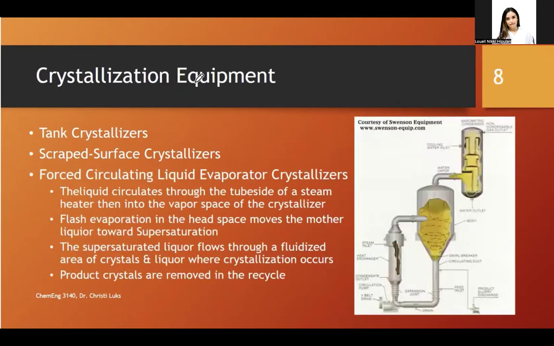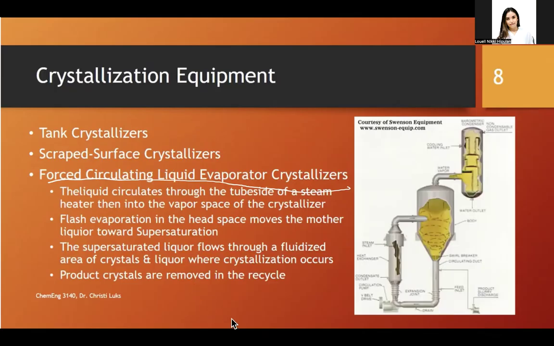And then next is, actually this was already discussed, the Swenson equipment. Another term is forced circulating liquid evaporator crystallizers. So the liquid circulates through the tube of the steam heater, then into the vapor space of your crystallizer. So there's flash evaporation.